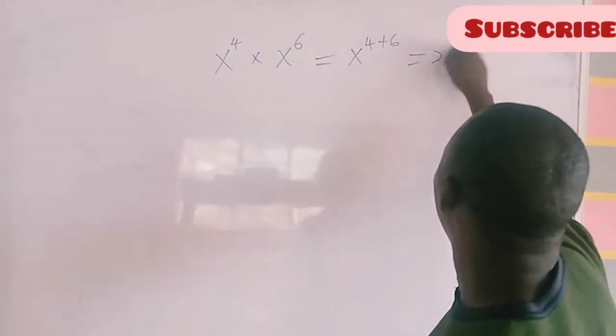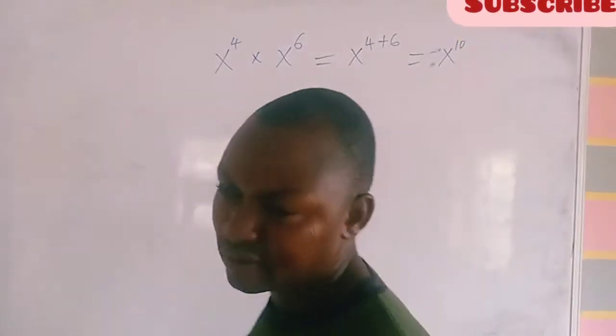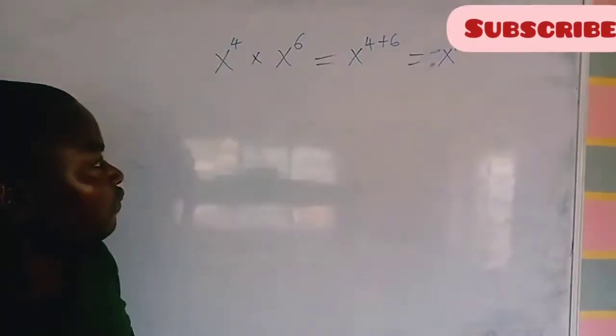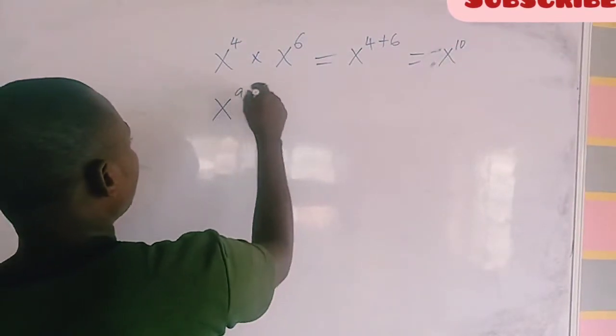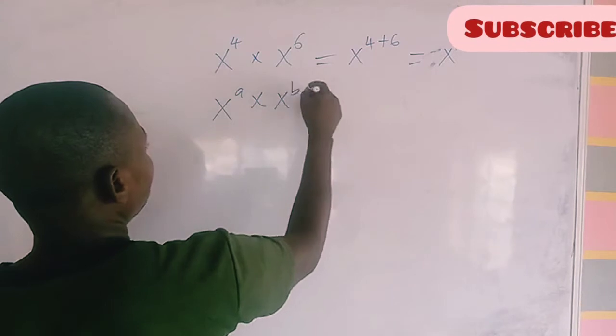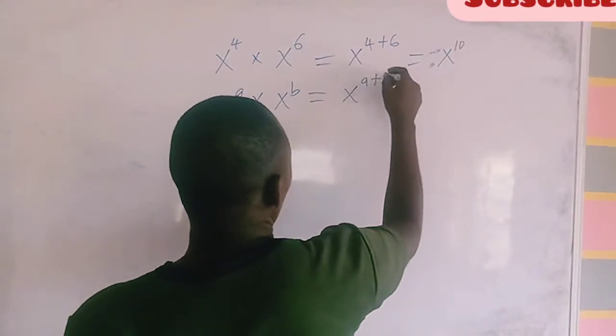This will give us x raised to the power 10. 4 plus 6 is 10. Okay, that is the law of indices. In general, x raised to the power a times x raised to the power b gives x raised to the power a plus b.